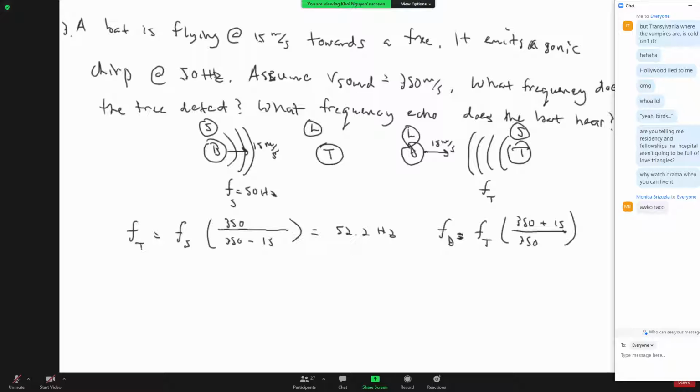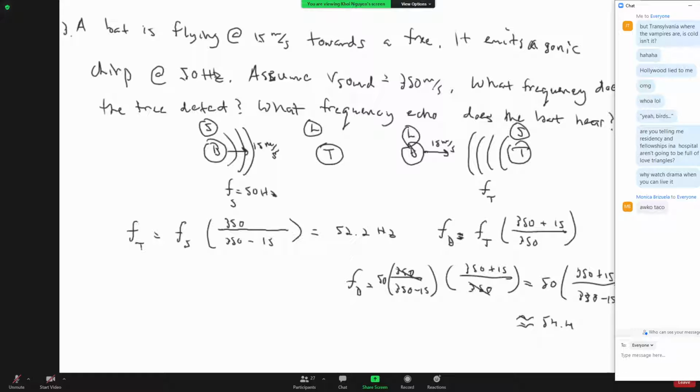So what we end up seeing is that the frequency the bat heard is going to be 350 over 350 minus 15 times 50 times 350 plus 15 all over 350. So these will cancel out, so you'll get 50 times 350 plus 15 over 350 minus 15, which is roughly 54.47 hertz. Okay.